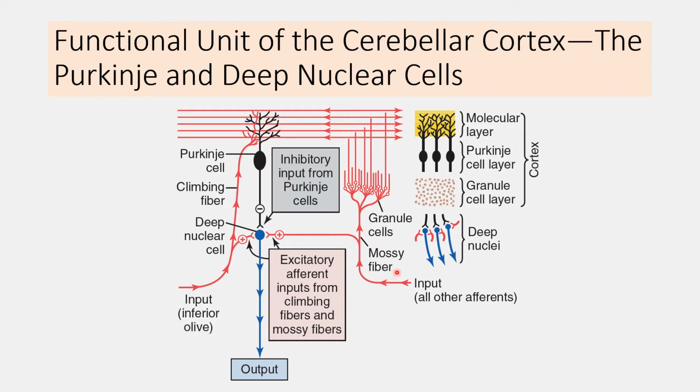Similarly, the mossy fiber excites the deep cerebellar nuclei and then synapses with the granule cells, and then 500 to 1000 granule cells synapse with one Purkinje cell, and the Purkinje cell inhibits the deep cerebellar nuclei, which form the efferent or the output signal from the cerebellum.